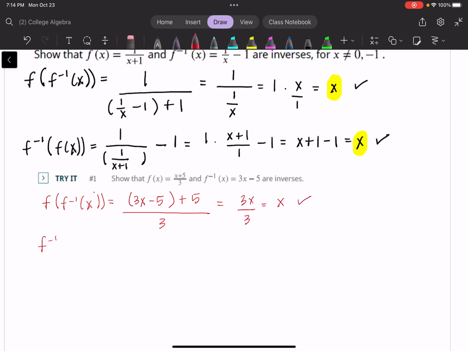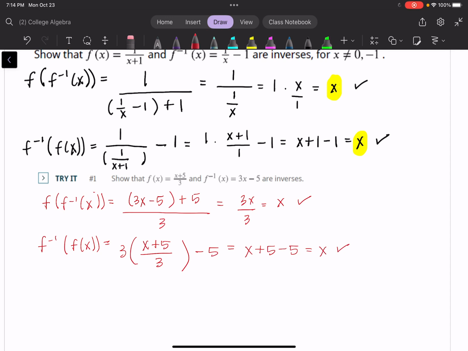Then let's go with the other composition. For this one, we're going to plug it in in the opposite way. So the other function will become the one that is composed. Those 3's should cancel, leaving x plus 5 minus 5, and leaving only x.